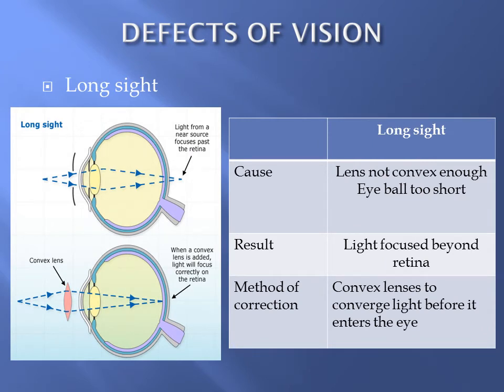Then defects of vision. Before that, can you imagine this situation? Every day you see different types of things around you, beautiful things around you. You observe them and sometimes you analyze them.